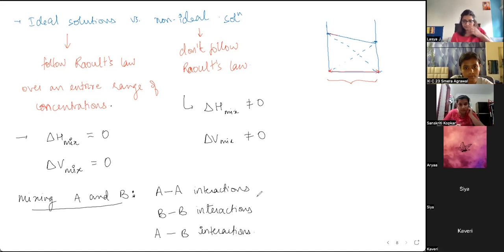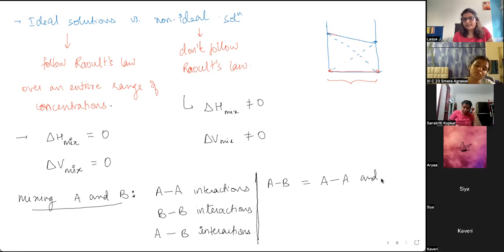Now, when do we come across ideal versus non-ideal? Suppose AB interactions are the same as AA interactions and BB interactions.